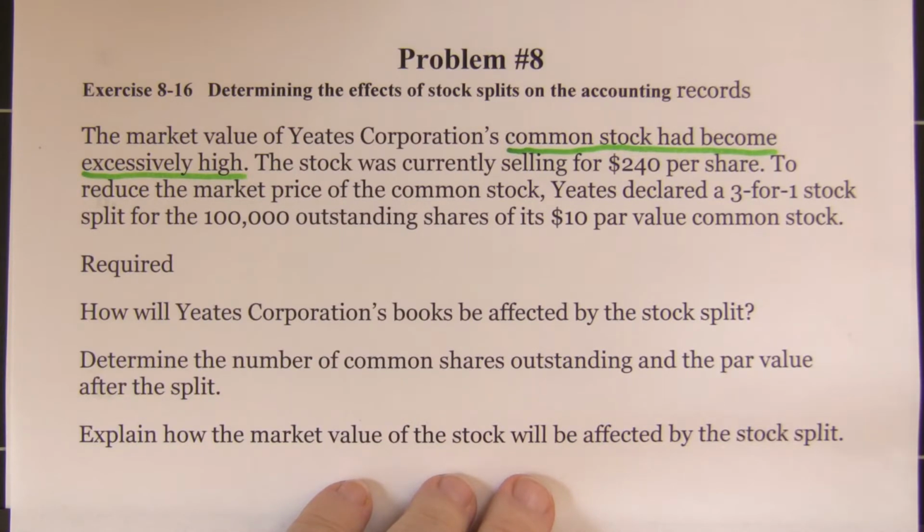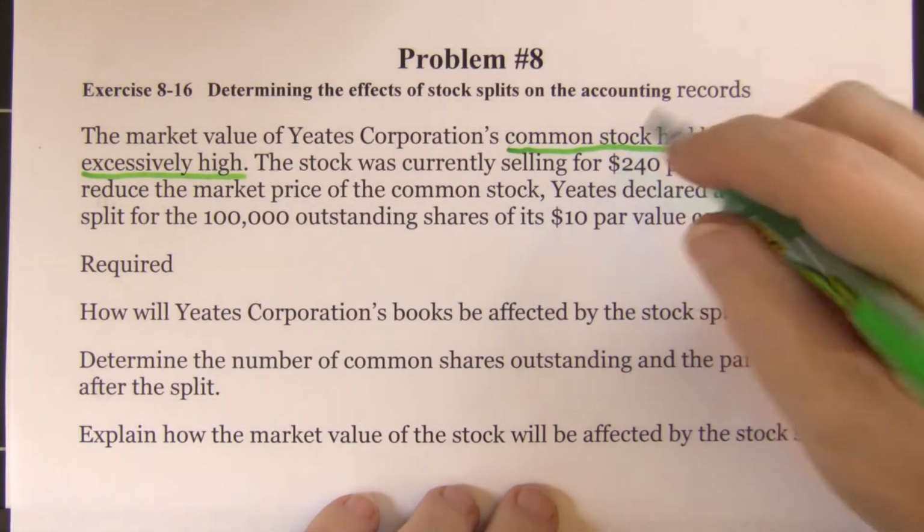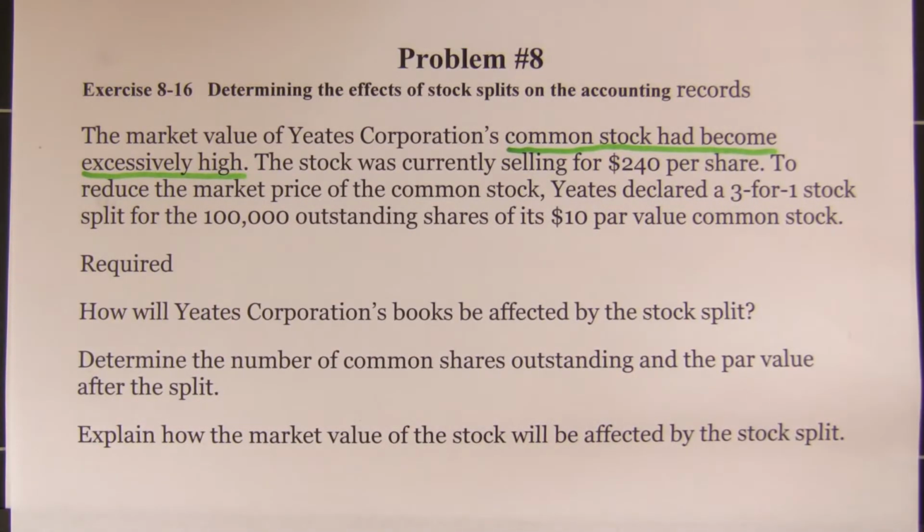Now remember, the new norm for stock prices set by Google and Yahoo has set a lot of these rules on their head. But $240 is still considered high, except for those very few companies that are selling for tremendous amounts, like Yahoo, like Google, etc.